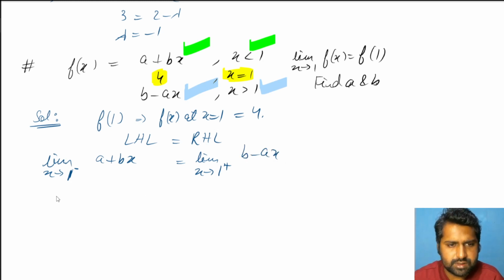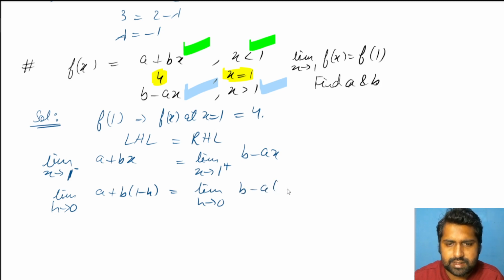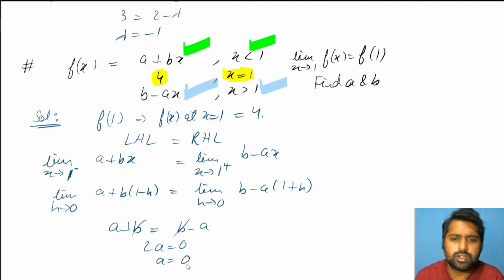Then same steps: replace x by 1 minus h with h tending to 0, and here replace x with 1 plus h. Put h as 0 now, so it is a plus b and this is b minus a. b cancels, you get 2a equal to 0, so a is equal to 0. You got the value of a as 0 just by solving this.